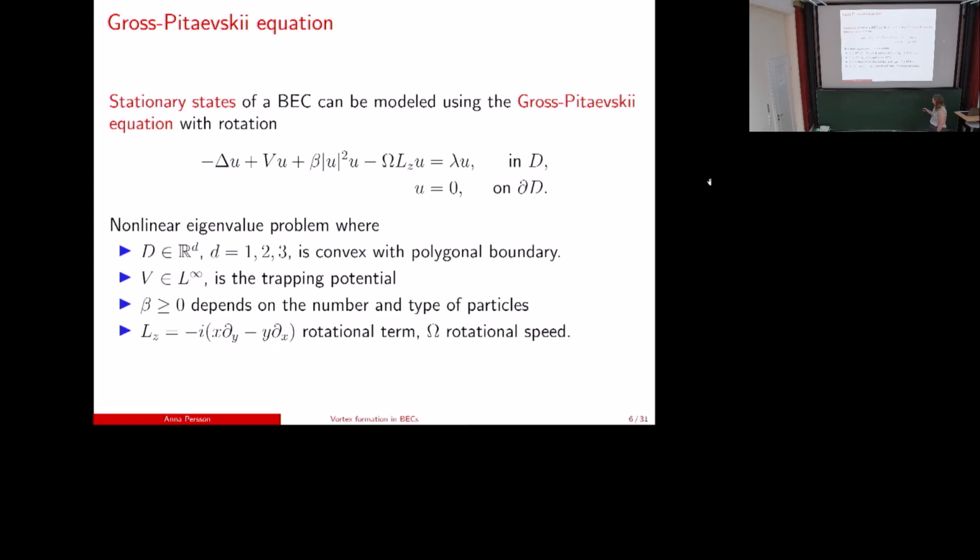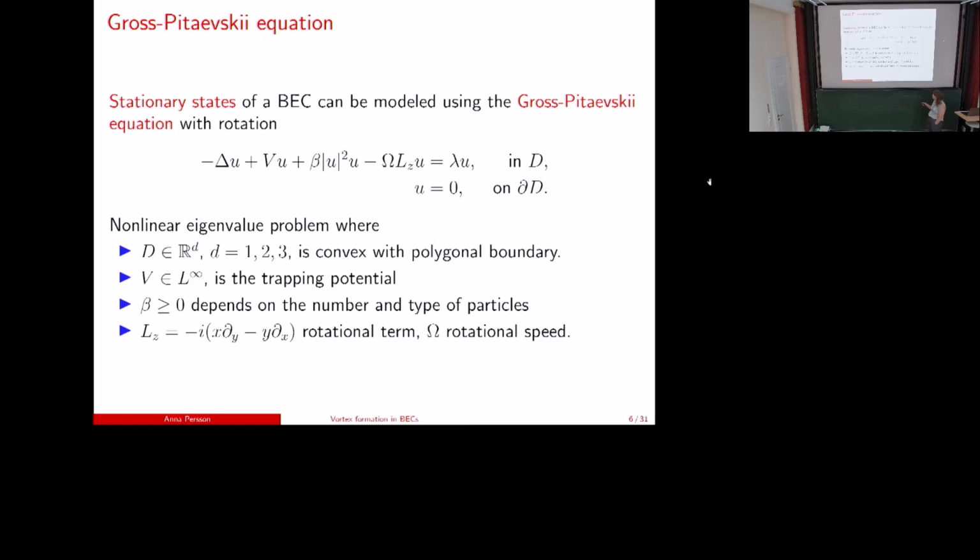So D is just your domain, where you want to compute your Bose-Einstein condensate. And V here is the trapping potential, as I mentioned, and we assume it goes to infinity. So it's quite nice. It goes to infinity at least. So this beta here is a positive number.